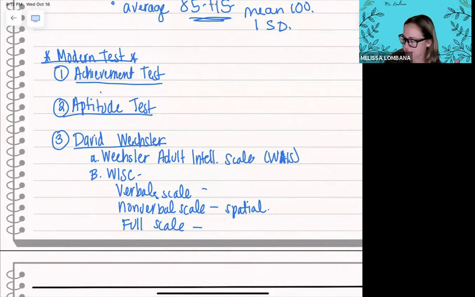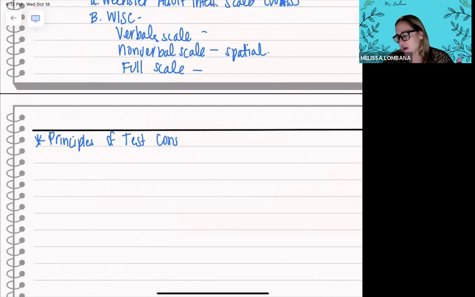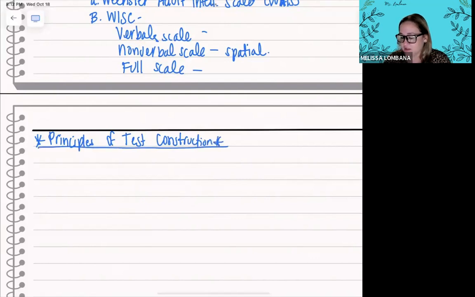Then we're going to go to another subtopic, and this one is the different principles of testing. These are principles of test construction. Before you can create an intelligence test, you need to have some standards and meet some criteria.